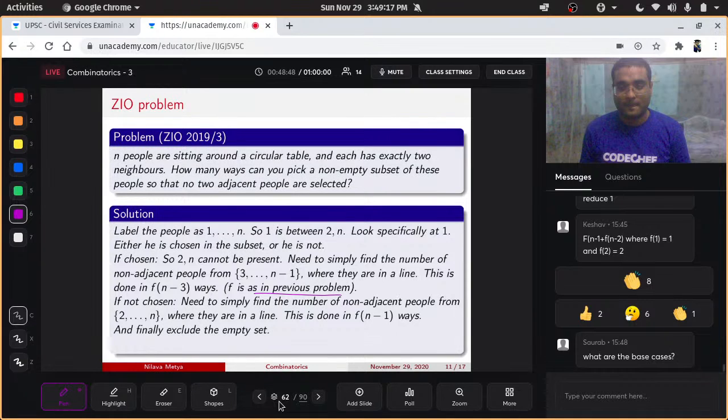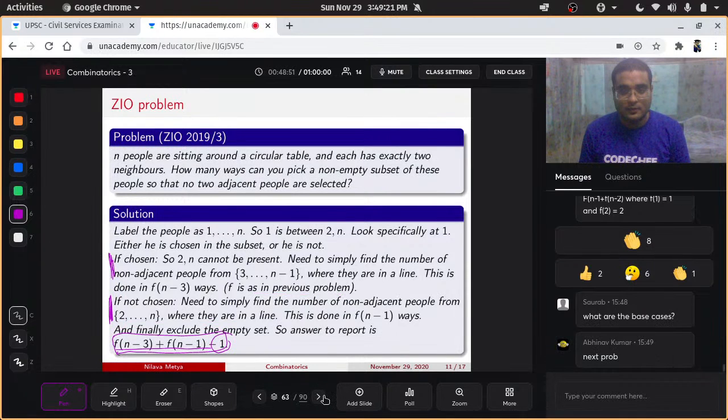Using that f, we answer this problem, because in a circle, if you remove one element, it breaks the circle into a chain or a line. And you remove one for the empty subset.